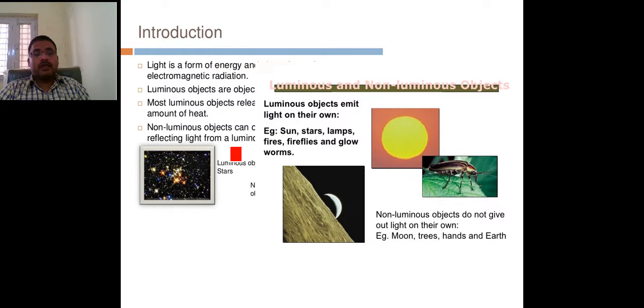Light is basically a form of energy and electromagnetic radiation. It provides energy. It is basically a particle, and this particle has a dual nature, which shows the wave as well as oscillation, wave and energy. Light is an electromagnetic radiation.